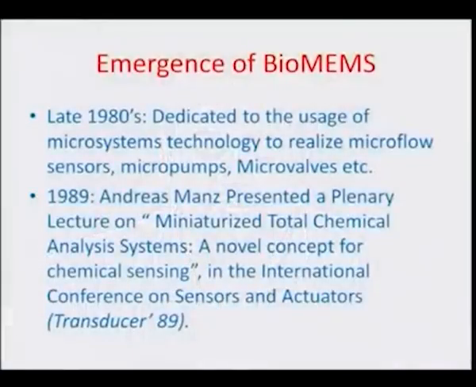But towards the late 1980s, there was an increasing usage of this microsystems technology to realize micro flow sensors, micro pumps, micro valves, where fluidic motion at the micro scale suddenly became very important.